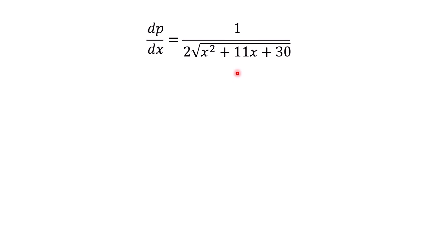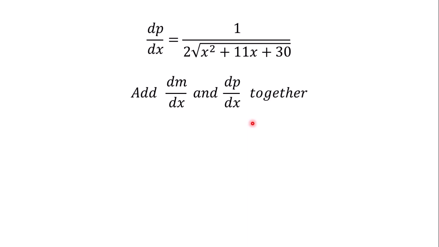So we are going to add dm over dx and dp over dx together. We didn't bring in a and b, so this gives us an idea of what we are talking about, and this one also. This one represents the answer we had for the other one, where m was equal to the square root of x squared plus 11x plus 30.